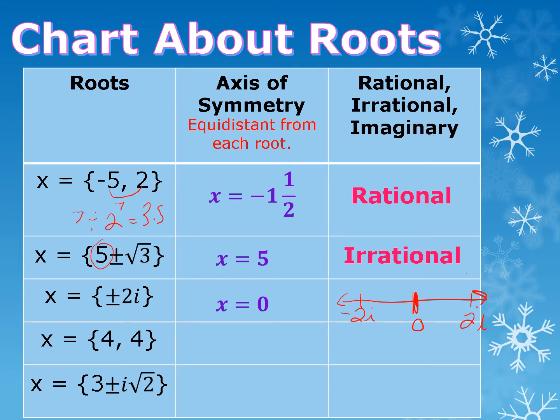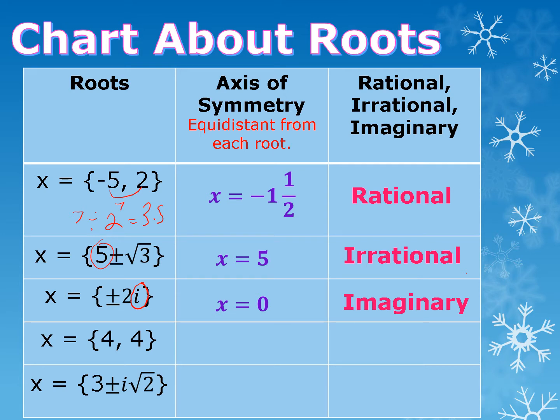So that means my axis of symmetry is x equals 0. Now looking at these roots, are they rational, irrational, or imaginary? Well, because I have the i in my root, that makes it an imaginary root.